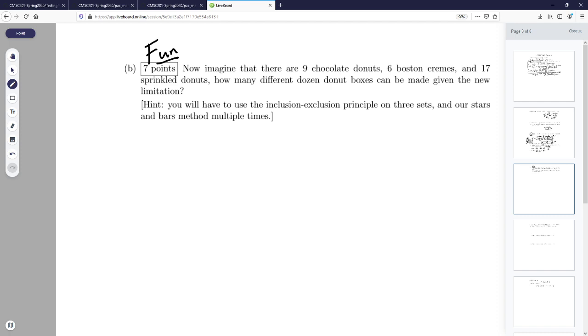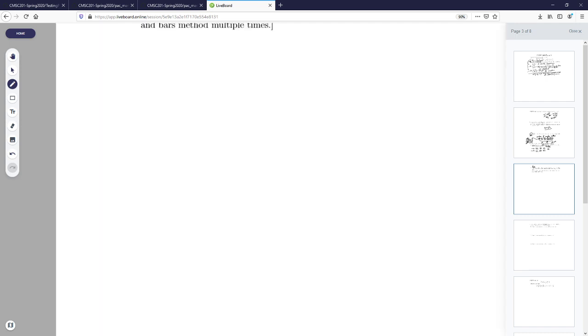I've done at least one example. So let's not do this problem. Let's do a different problem of the same type. So let's say that we want x plus y plus z is equal to 19.